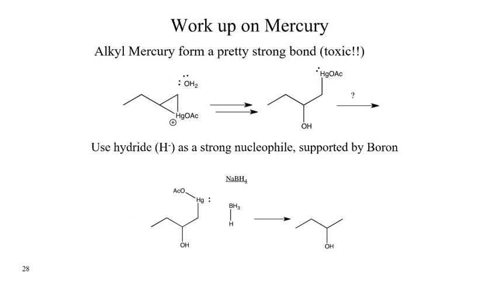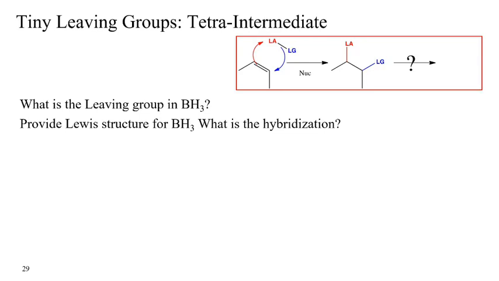Oh, I'm going to regret it, but we're going to power through. The last one I want to do before we really break out and stop this video would be tiny leaving groups, or our tetra intermediates. Those leaving groups are now so small that they can't leave on their own, which means they're going to have to react immediately. The big example for this one is BH3.